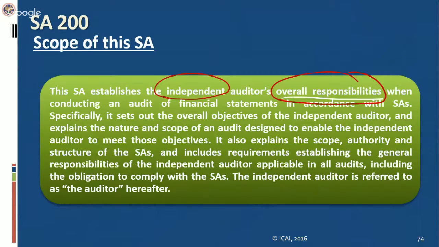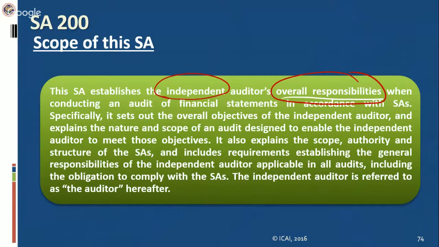So this SA establishes the independent auditor's overall responsibilities when conducting an audit of financial statements in accordance with SAs. What would be my overall responsibilities as an auditor, in accordance with SAs, while I am conducting an audit of financial statements?